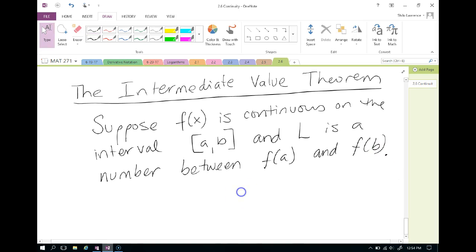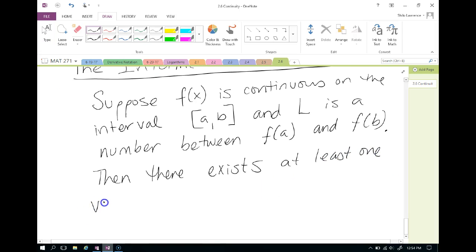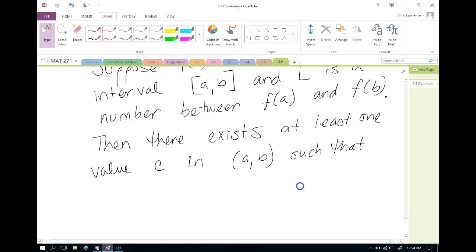So what the intermediate value theorem promises us, if f of x is a continuous function, is that there exists at least one value c in the interval a to b such that f of c equals L.